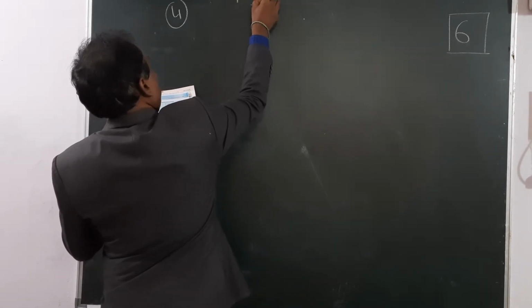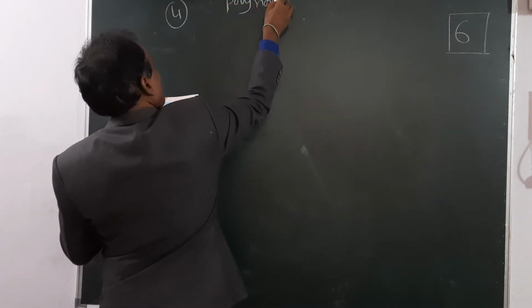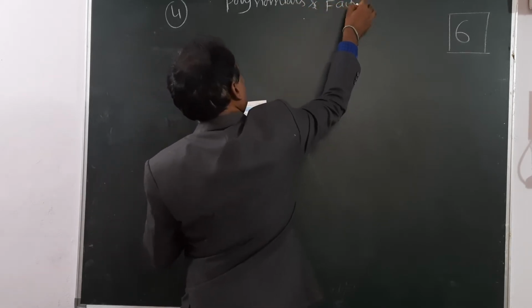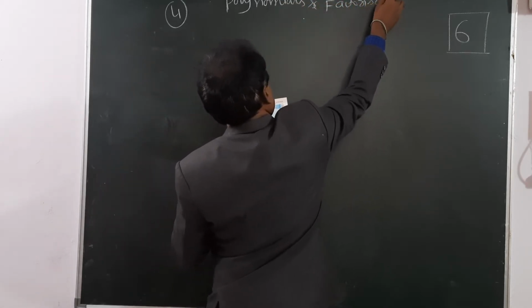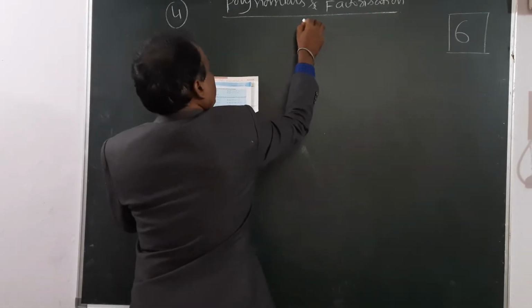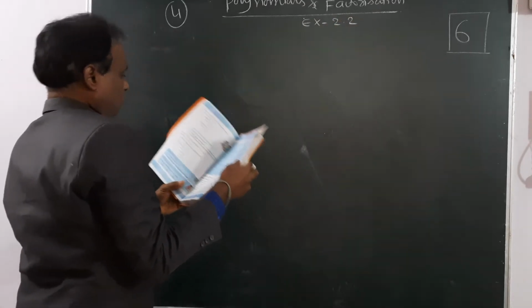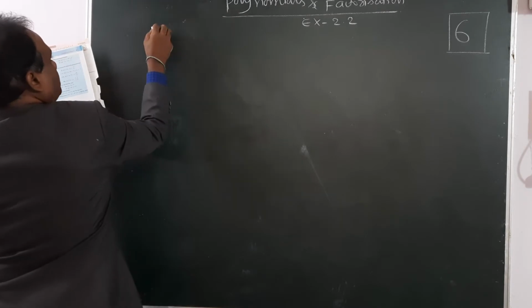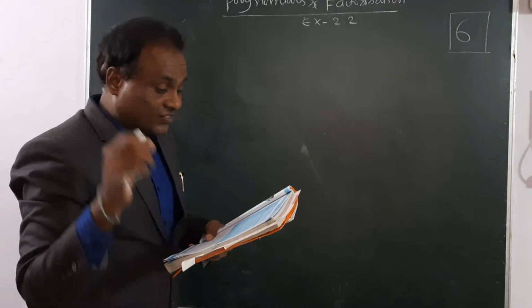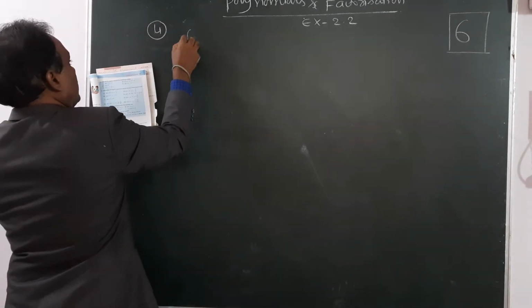The chapter is polynomials and factorization, and we are in exercise 2.2, fourth problem. Find the zero of the polynomial in each of the following cases.